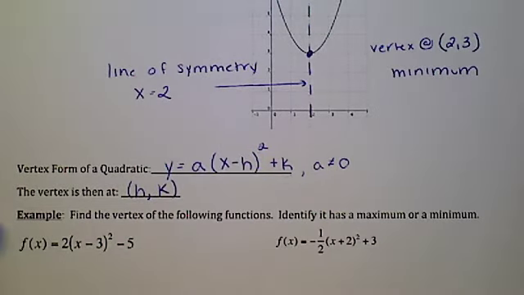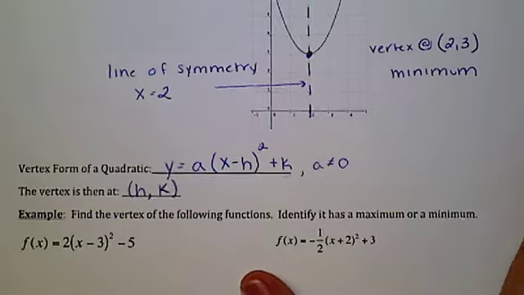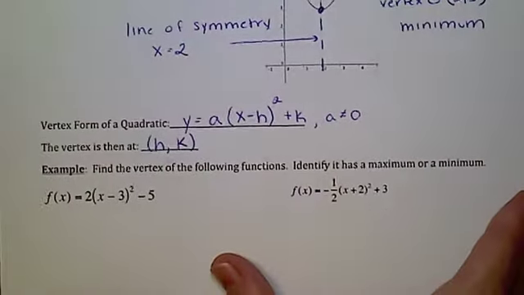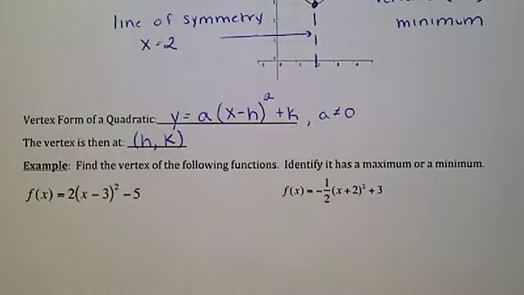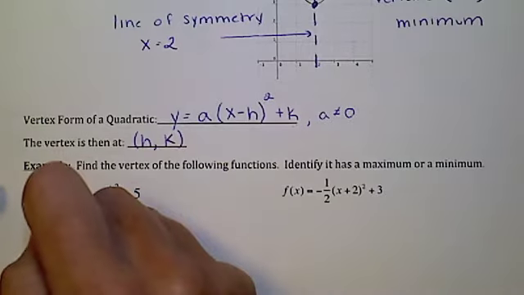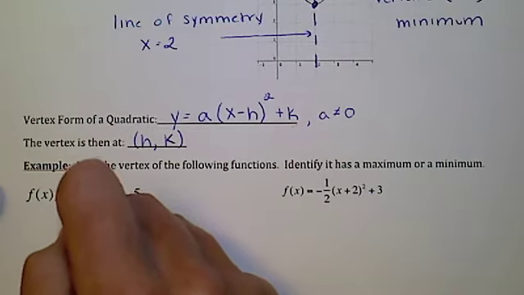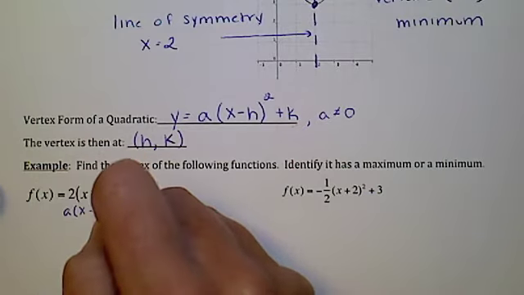So if you look at the next example, we have to find the vertex of the following functions, and then indicate if we have a max or a min. Well, if you look at this first equation, this is not in standard form. It is in vertex form. Here is a, here's h, here's k. You know what, I'll just write that right underneath so you can see how things line up.